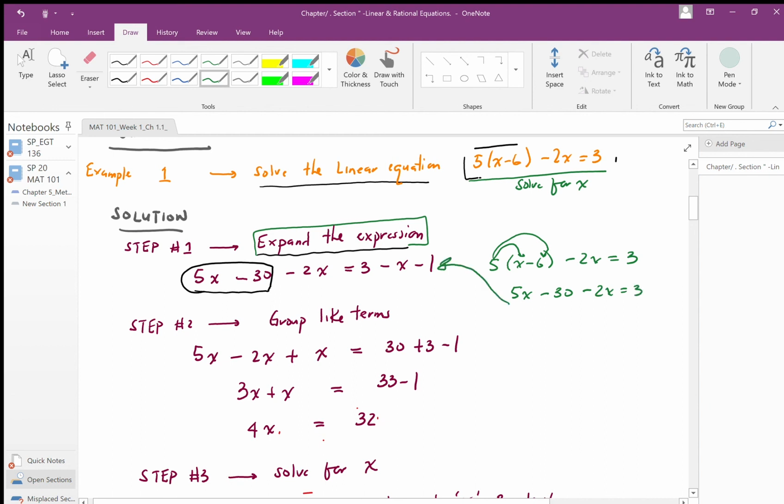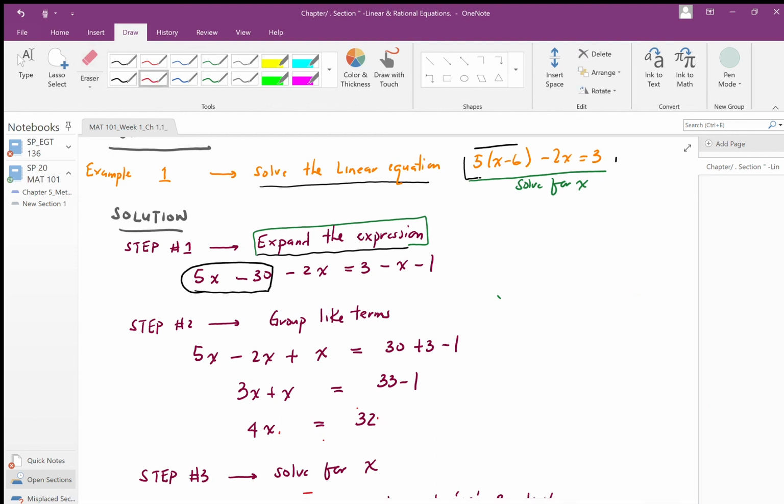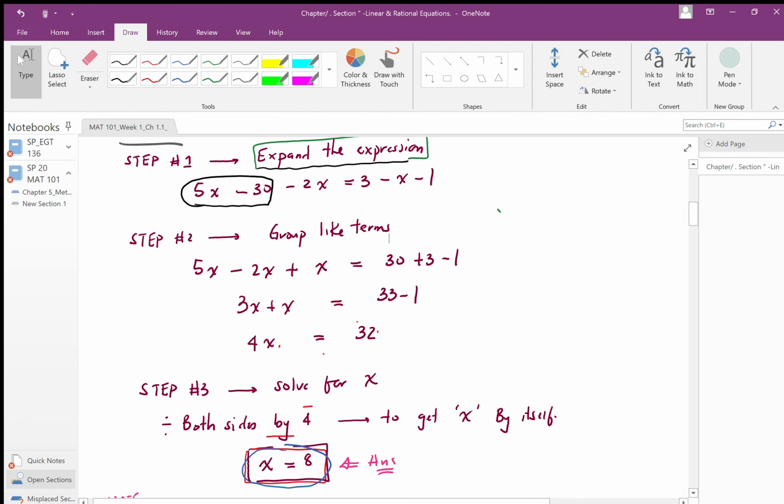Okay? So in doing so, our next step will be now to group like terms, and when you do so, you now solve for x. Okay? And when you do that, our x happens to be 8.